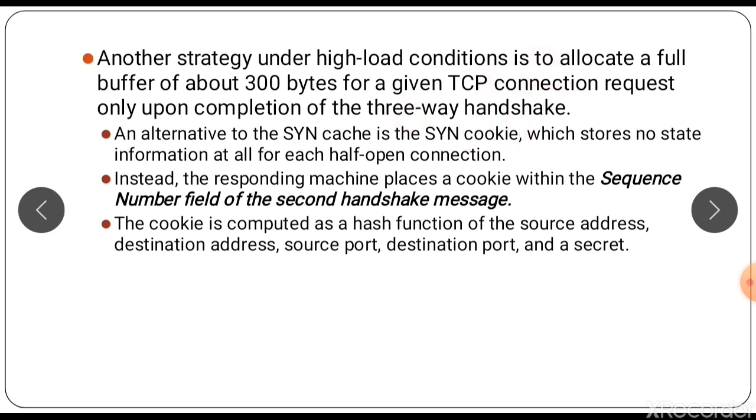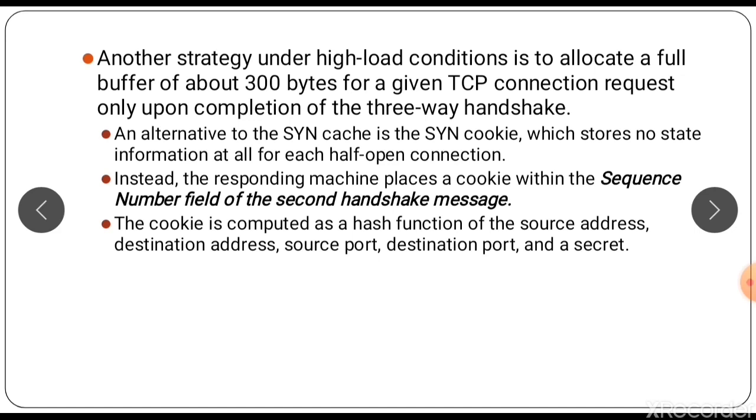So here the SYN cookies store no state information at all for each half-open connection. Instead, the responding machine places a cookie within the sequence number field of the second handshake message. The cookie is computed as a hash function of the source address, destination address, source port, destination port, and a secret.